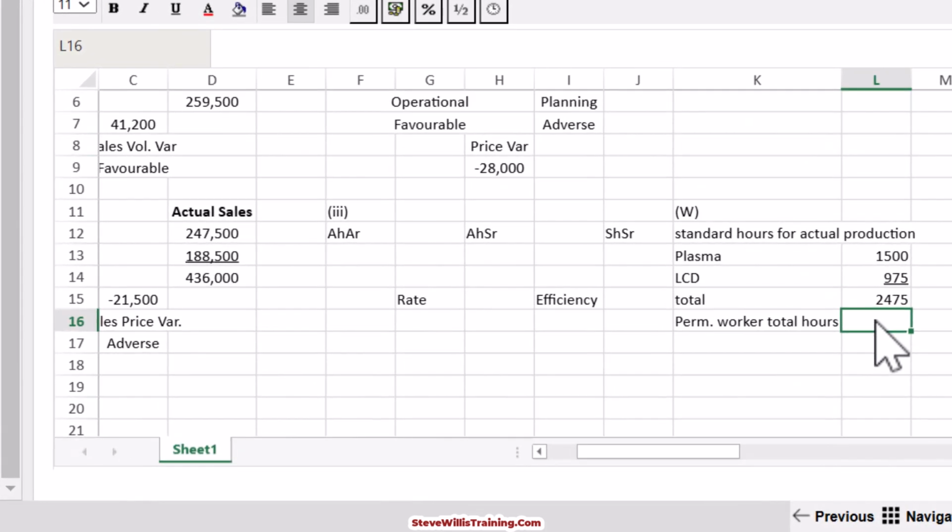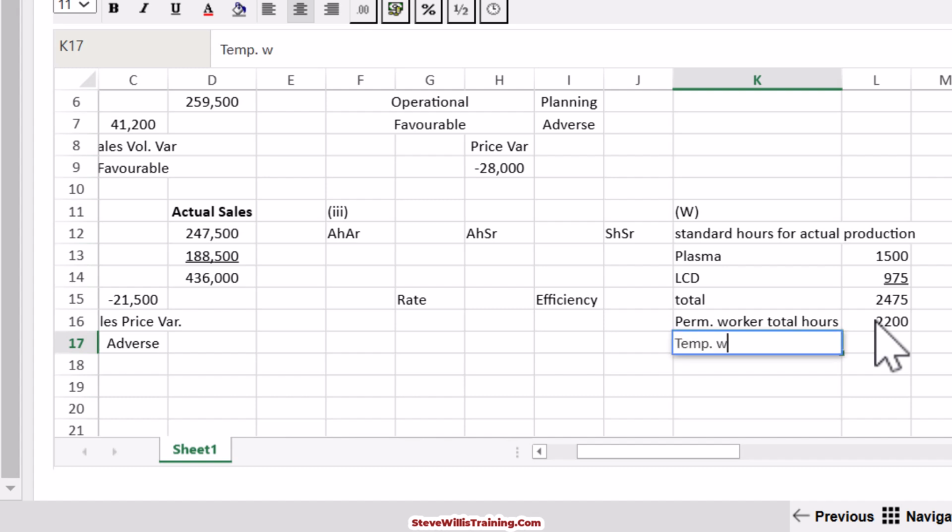The permanent workers give us 2,200. So now the difference between the 2,475 and the 2,200, that would be the part-time workers that we need to hire, the hours of part-time worker.